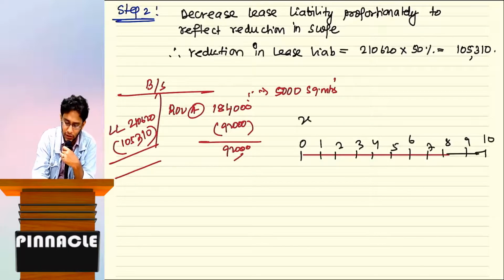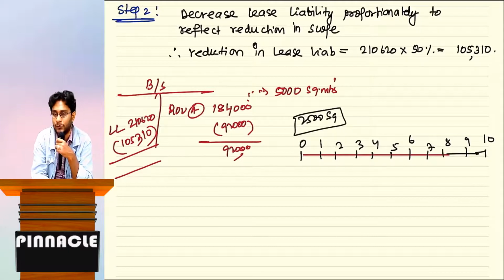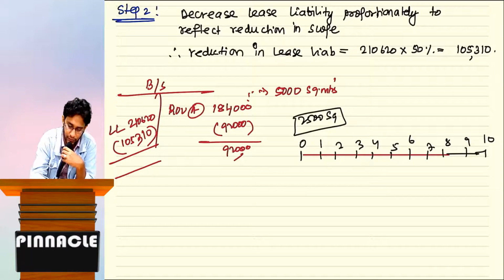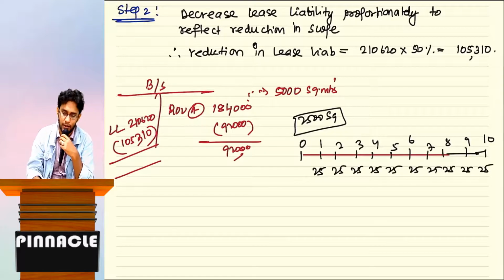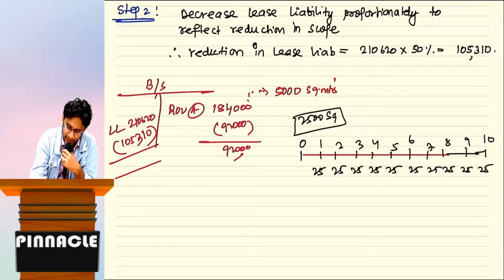If from the beginning we contracted for 2,500 square meters, my lease rent would not have been 50,000, it would have been only 25,000, assuming it is 25,000 only. So 25, 25, 25, 25, 25, then 25, 25, 25, 25. Now you are standing here, sir.